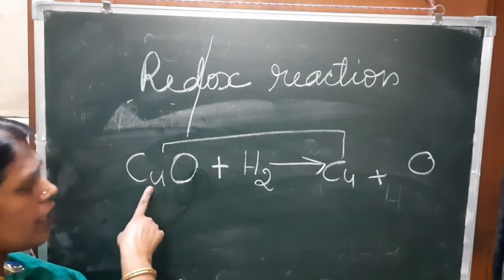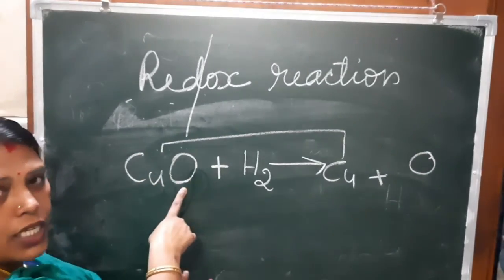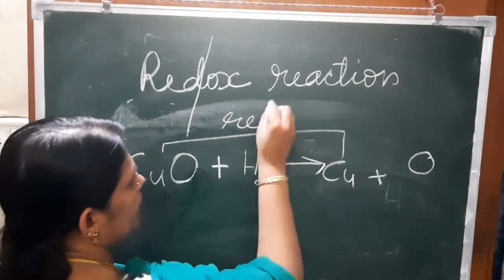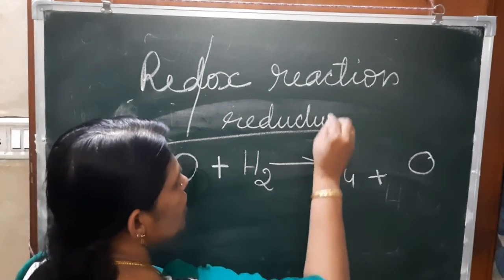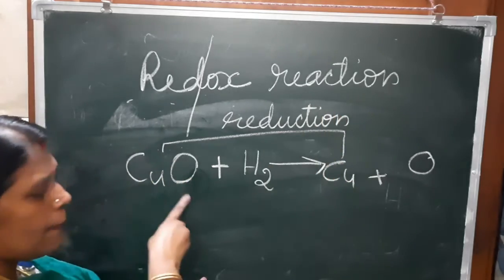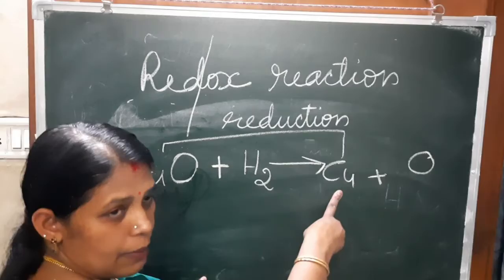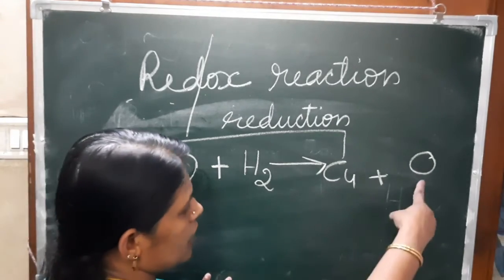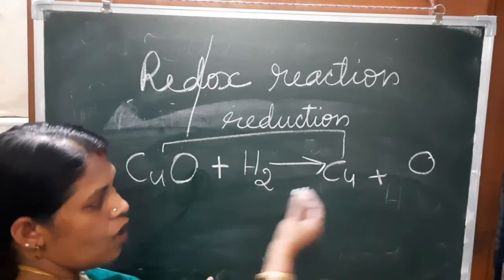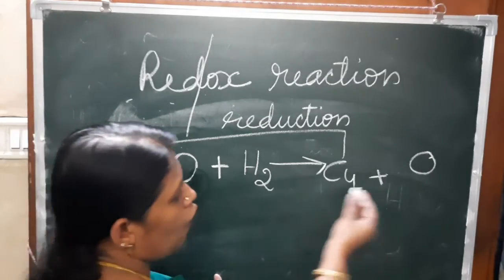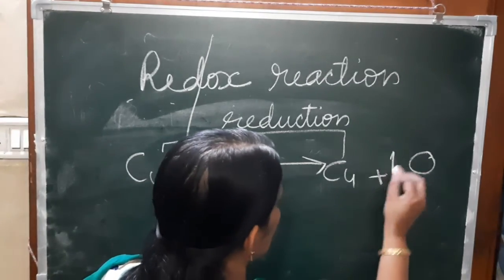So it is reduction, because of the removal of oxygen from copper oxide. Copper separates, and this oxygen reacts with the hydrogen and forms water, H2O.